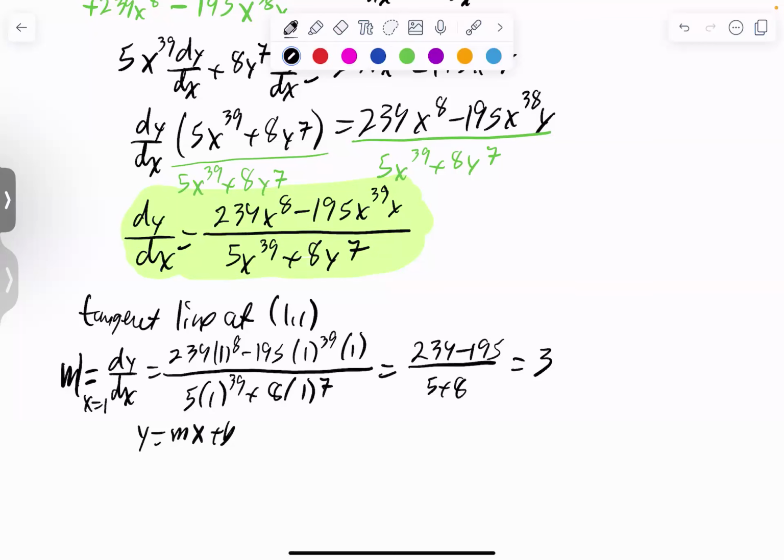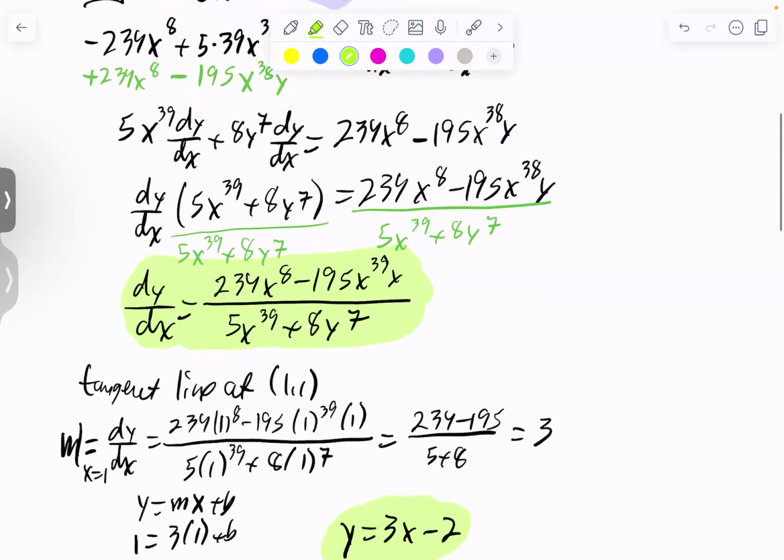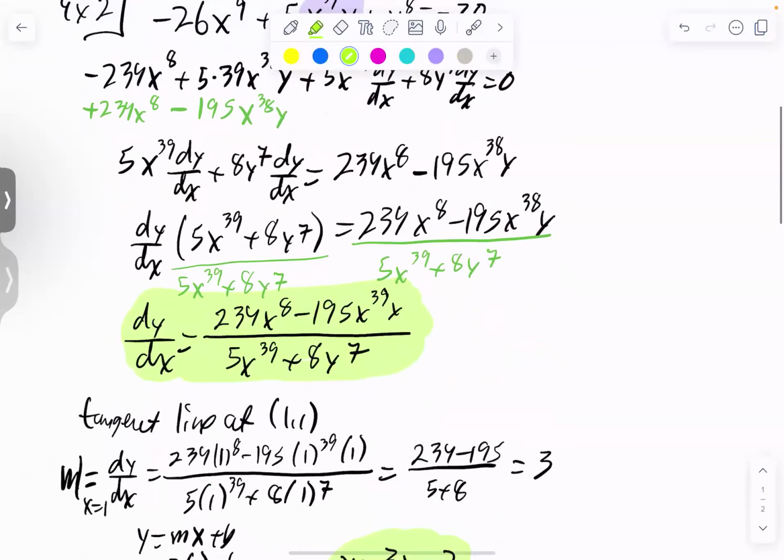This is going to give me 1 equals 3 times 1 plus b. b equals negative 2, it looks like. There we are. So again, it's a little messy, a bit of work there.